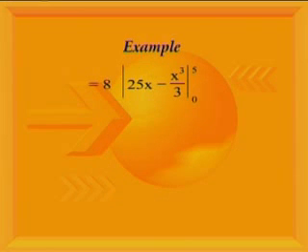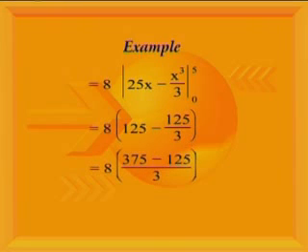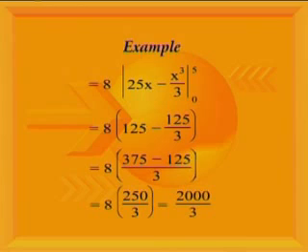Integration of 25 is 25x. Integration of x² is x cube over 3. So we get the integral 25x minus x cube over 3, and the limit from x is equal to 0 to 5. Putting this limit and after multiplying by 8 and after doing this simplification, we get the result that volume is equal to 2000 over 3.